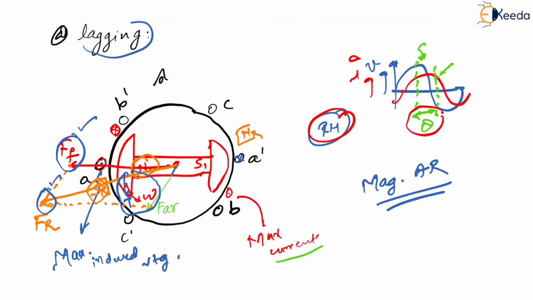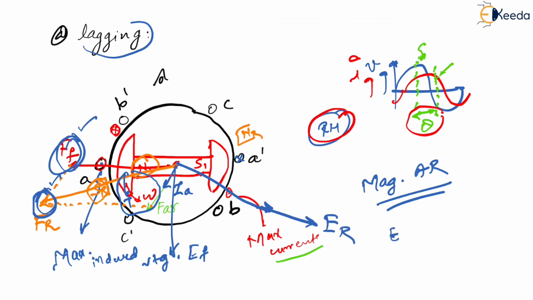Similarly, if you think of here, where will be your IA? IA will be here, in line with FR. If this is your FF, then this is going to be your EF, correct? If this is your FR, then definitely 90 degrees from this is going to be your ER, correct? And if you see again, mod of ER is going to be greater than mod of EF, correct?